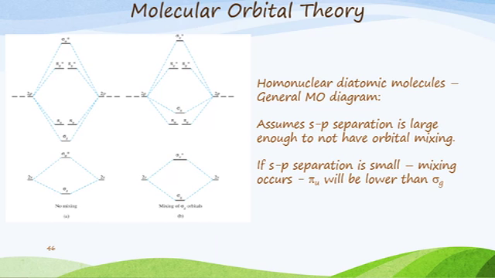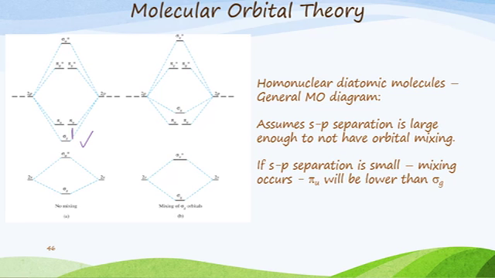So for a general molecular orbital diagram, if there is a large separation between s and p orbitals, then we assume that there's no orbital mixing, and we get the situation on the left-hand side here, where we can write the sigma orbital underneath the pi orbitals.